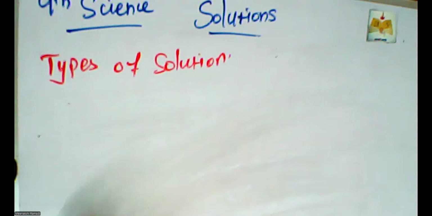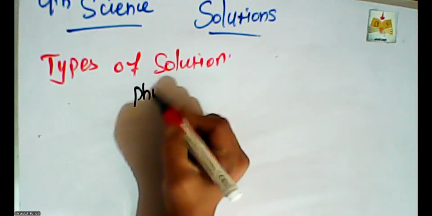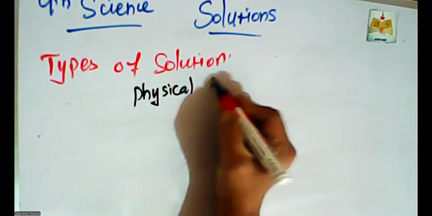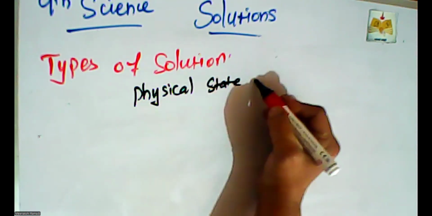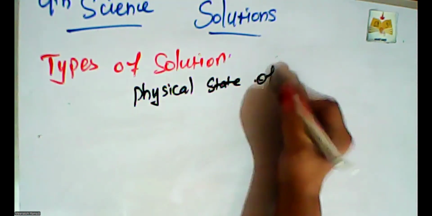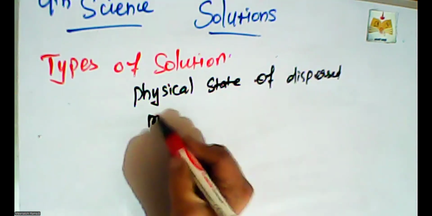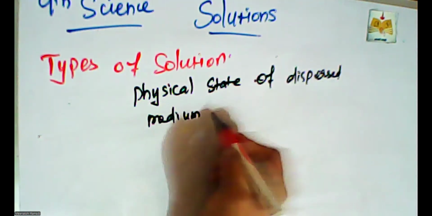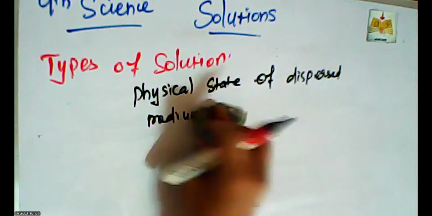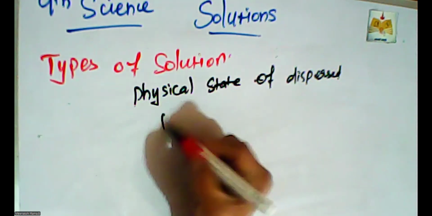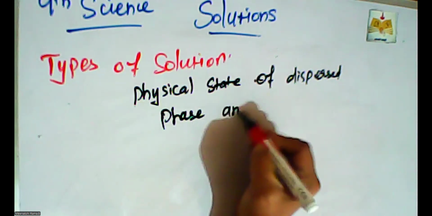What are they? Now I'm going to explain the 8 categories of colloidal solution. First one, what is the category? Based on the physical state of the dispersed phase and dispersion medium.